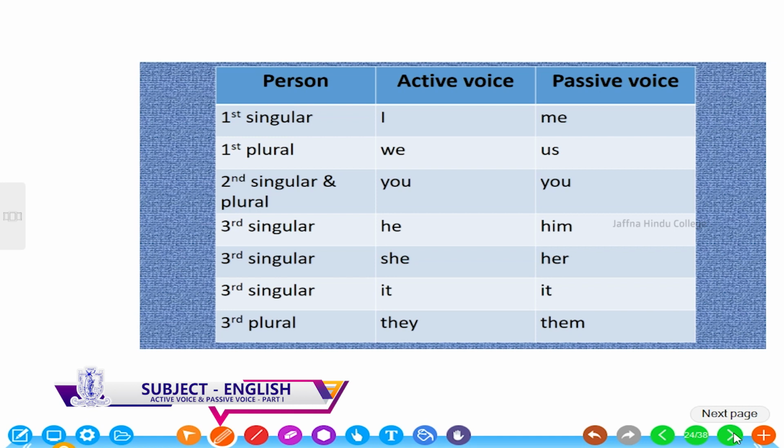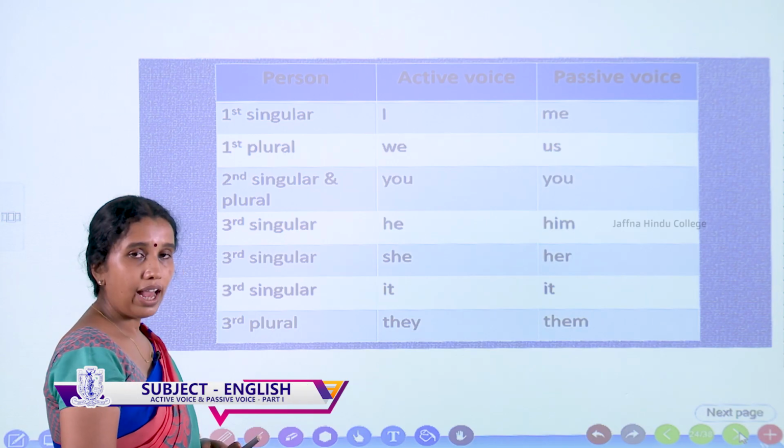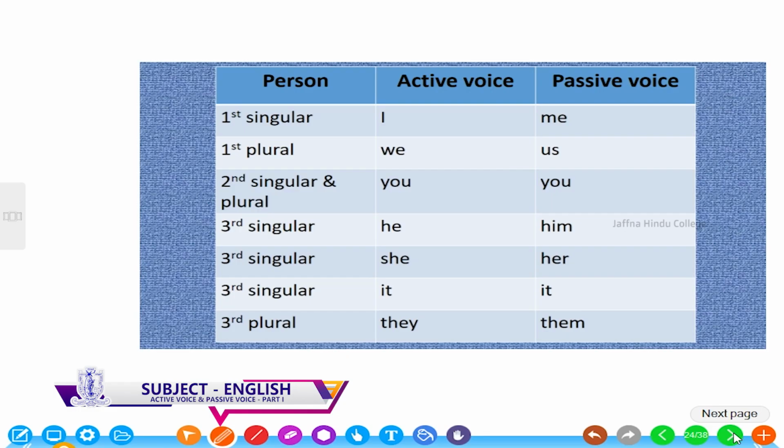When changing the active voice into passive voice, the pronouns are changed. I think you all have this grid. The first person singular I changes to me. The first person plural we changes to us. The second person singular and plural in active voice is you, and in the passive also you.